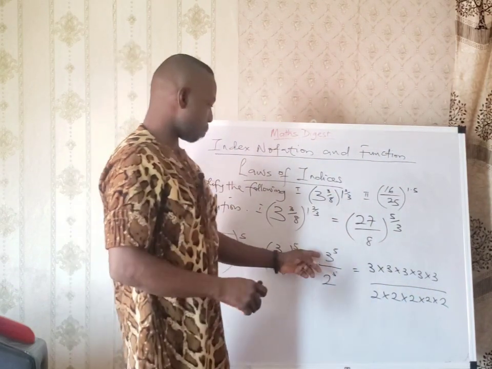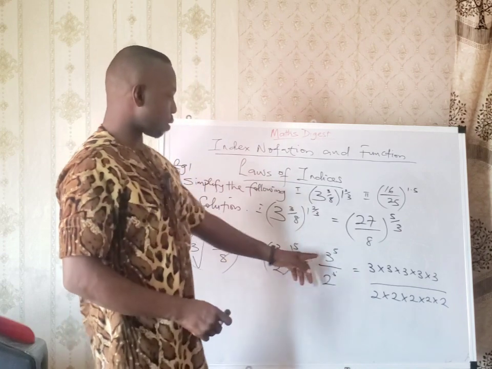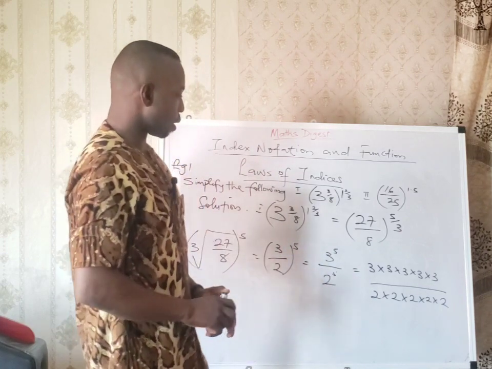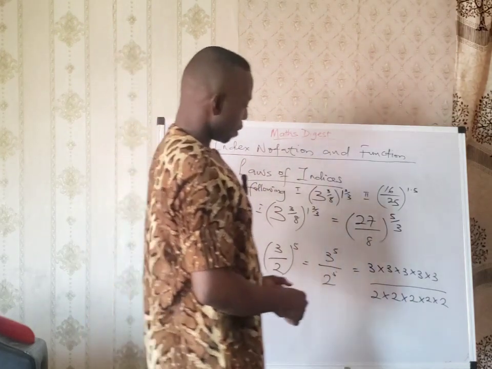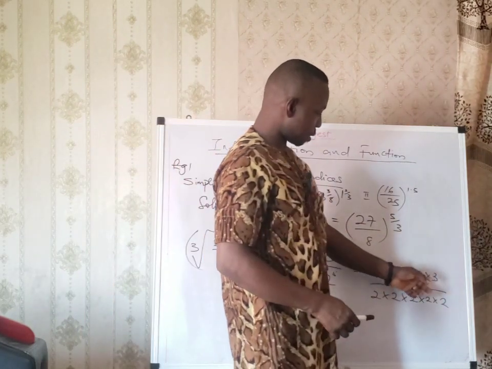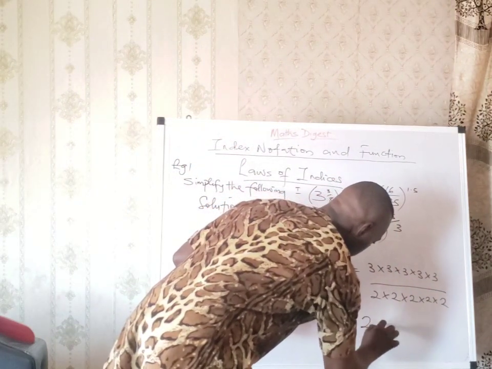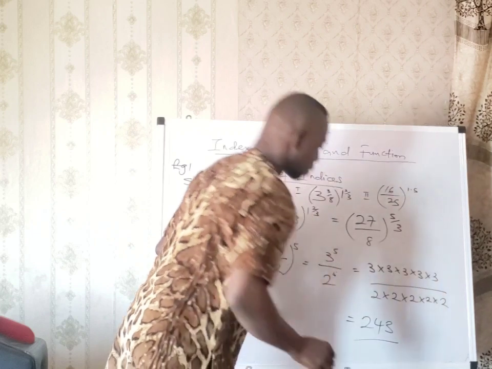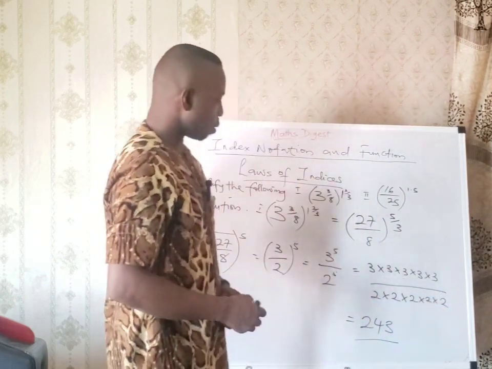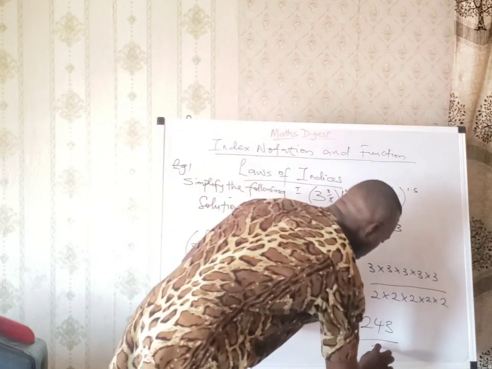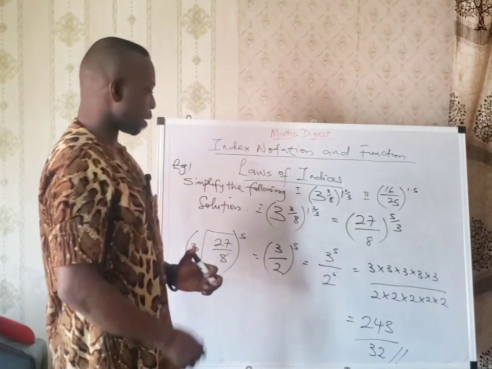Now, if these bases were the same, you would have cancelled out this 5, but since they are not the same, there's nothing you can do here other than to multiply it out. And when you do that, this times this times this times this times this will give you 243 over this times this times this times this times this will give you 32. So this becomes the final answer.